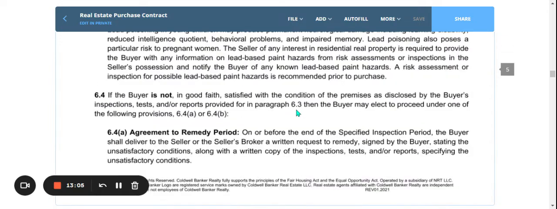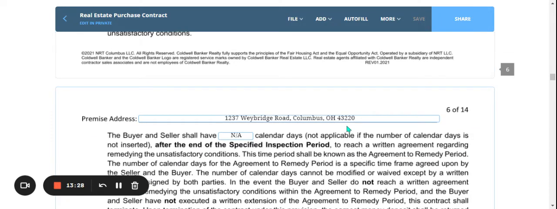Now, if we were in a situation where we were not buying a house as is, and we knew that we were going to ask the seller to fix anything that comes up in the inspection report, it would be called a remedy time.